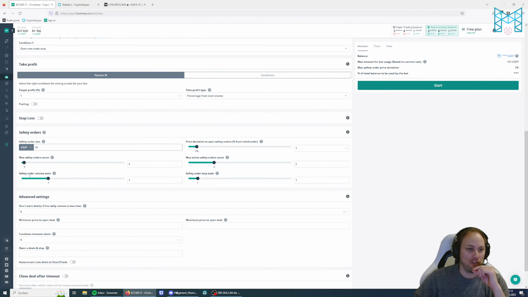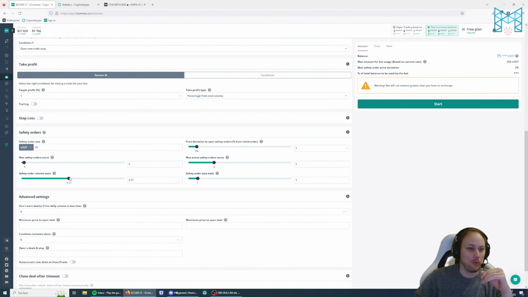I will just explain these basic functions because these 6 settings are the most important. The safety order volume scale means for the first safety order, which is not the initial one, I will buy exactly the same amount of 20. But I can increase it, for example 1.25 or much more, or 2.